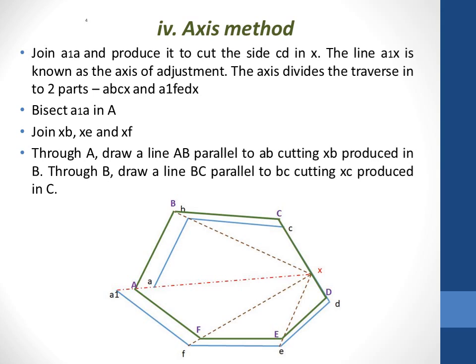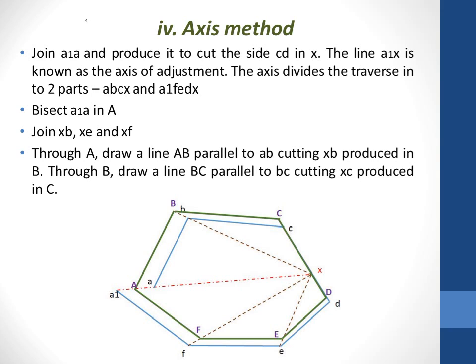This axis divides the traverse into two parts, that is small ABCX, that is one part, and the other part is A1FEDX. Okay, so after dividing into two parts, you have to bisect A1A in A. You have to divide A1A into two parts and the midpoint is marked as capital A.